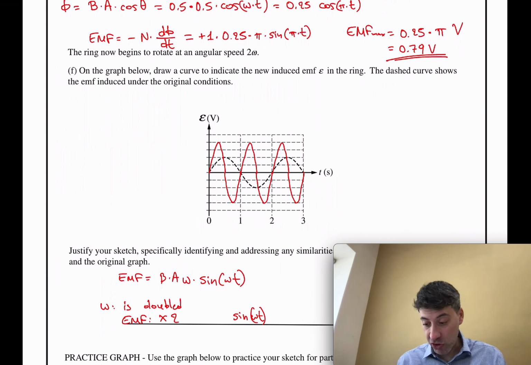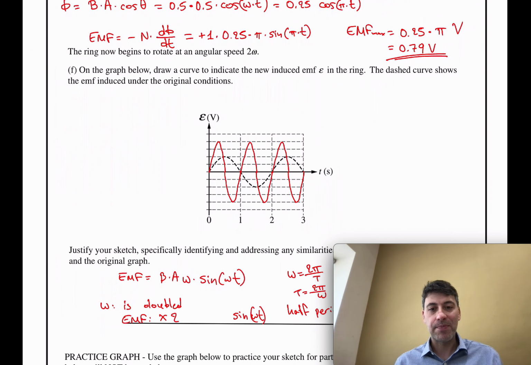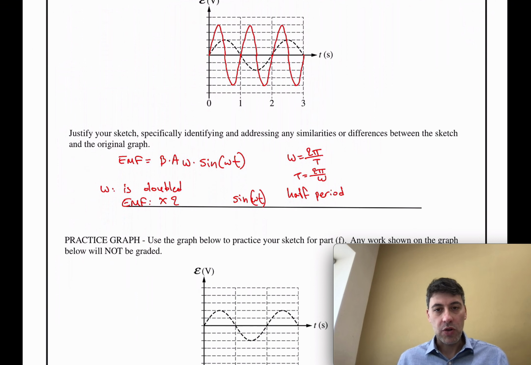Half period. If necessary, we'll justify it by the fact that the omega is 2 pi over the period, so the period is inversely proportional to the omega. Okay, and this is our final answer.